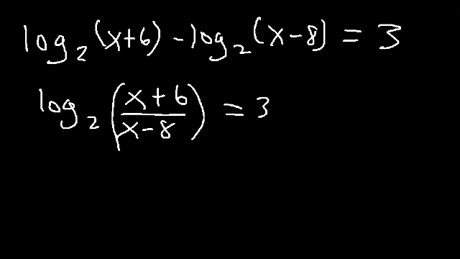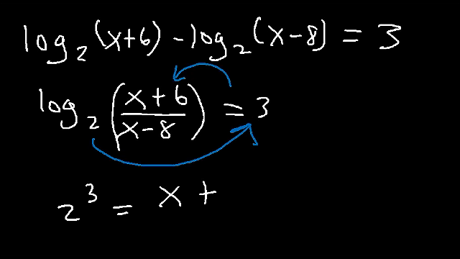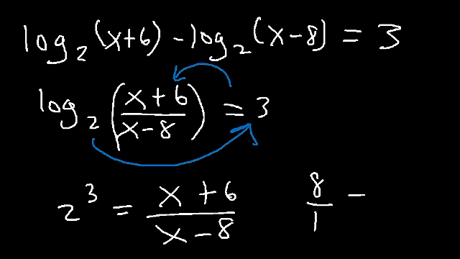And this is equal to 3. So 2 raised to the third power is equal to what's inside. Two to the third power is the same as 8, and we can write it as 8 over 1. So 8 over 1 is equal to x plus 6 divided by x minus 8.